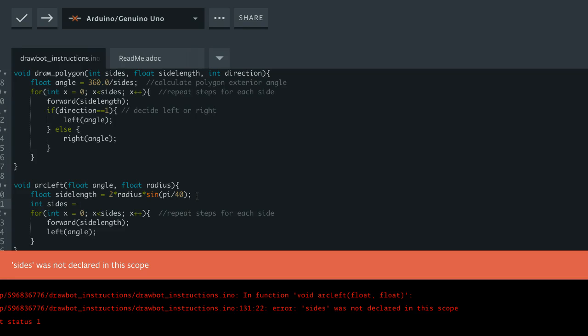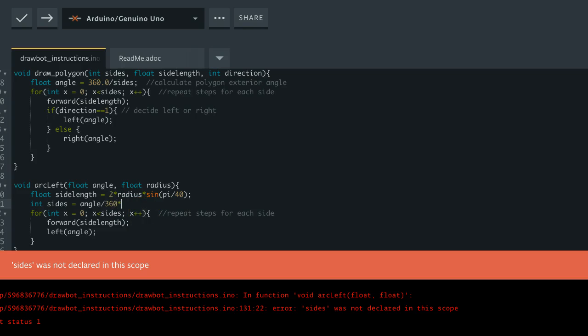So what ratio of a circle? We know that if we take the angle and divide it by 360, that will tell us what fraction of a circle we want to draw. So if our angle is 360, then we'd put 360 right here. When we divide it by 360, we get 1.